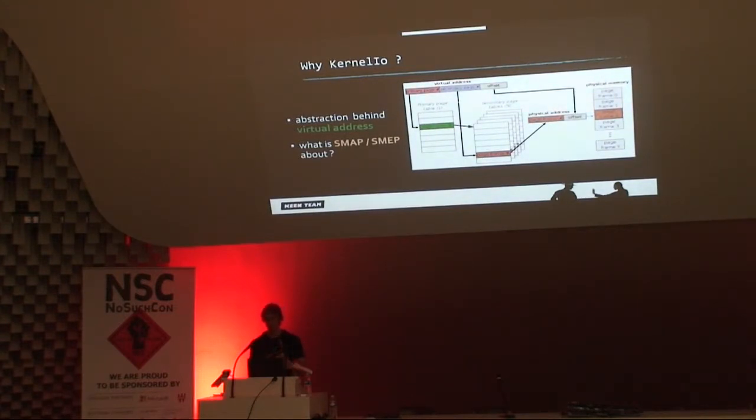you are working with virtual addresses, which are basically an abstraction over some physical address which you really want to read or write to. That abstraction means that a virtual address just contains some set of indexes. Depending on the count of levels, page tables, at the end it points to some physical address.